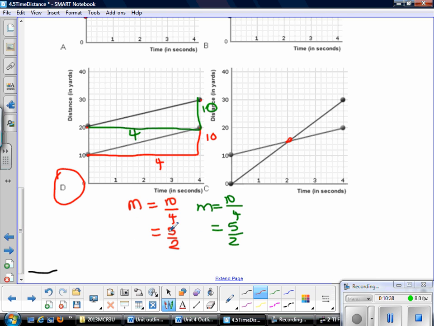So for my red one, its equation would be, I guess, distance equals 10, because they started at 10, and then 5 halves t for time. The green one is distance equals 20 plus 5 halves t. So we can actually make formulas interchangeable for every single one of these.